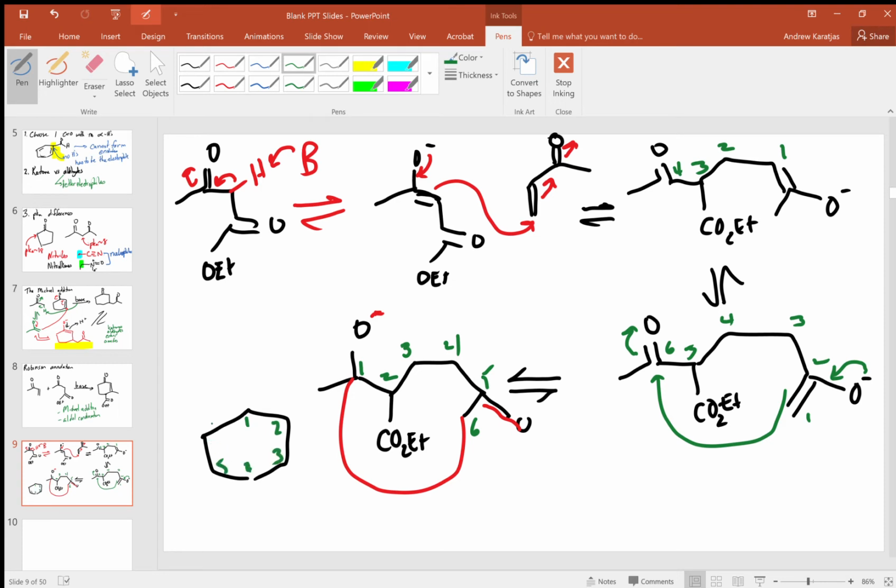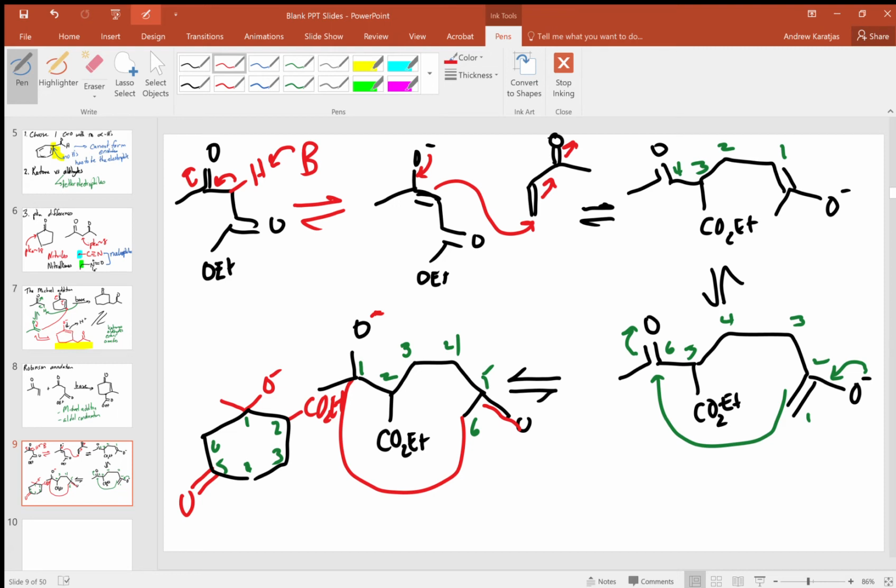And then I'm just going to map the substituents. So carbon number 1 has an O minus and a methyl. Carbon 2 has the ester group on it. Carbons 3 and 4 have just hydrogens. Carbon 5 has a carbonyl, and carbon 6 has nothing. But now we've shown the new bond that forms, and we've also converted it into a more understandable structure.